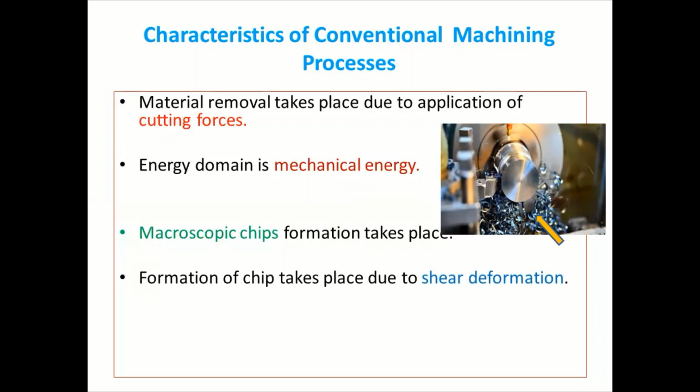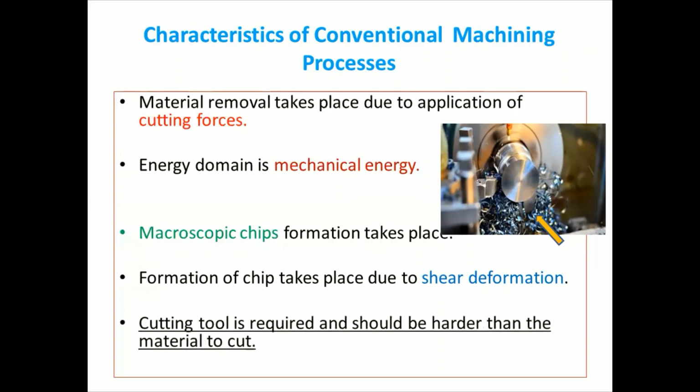So whenever shearing takes place between the tool and the workpiece, means direct contact takes place here in the conventional machining process. Cutting tool is required and should be harder than the material to be cut. Yes, always the tool which has been used will be harder than the material to be cut.